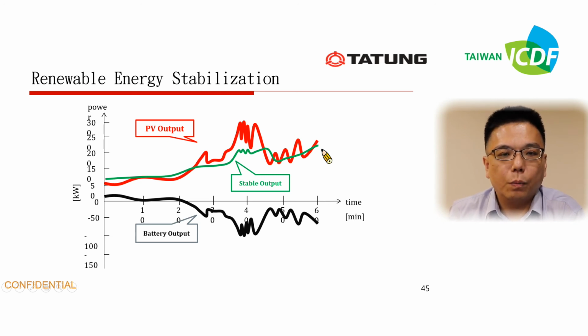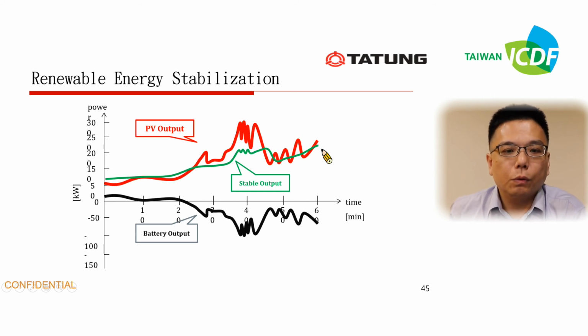This fluctuation would make the power grid unstable, and if the power grid is unstable, the power quality will be very bad. So it will affect some equipment, especially infrastructure.